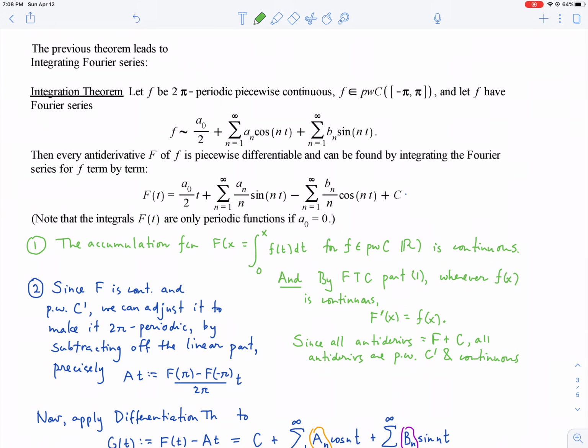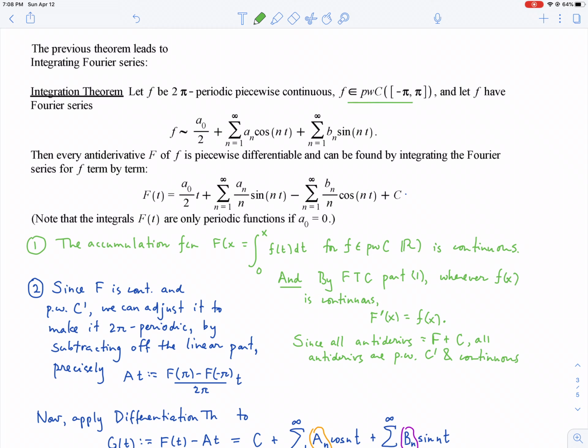So you can turn this argument around, or use this argument to consider when you can integrate a Fourier series term by term. Well, you can integrate piecewise continuous things.